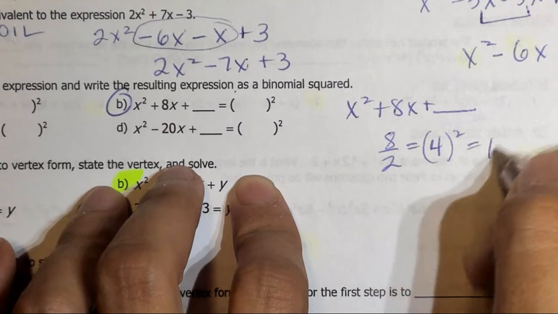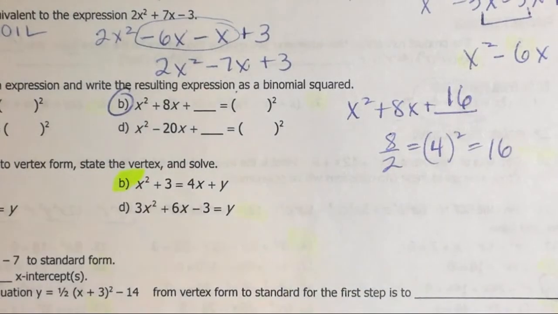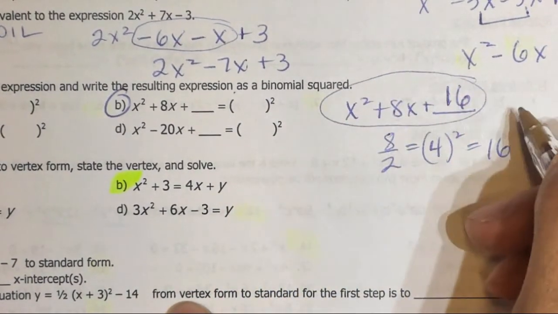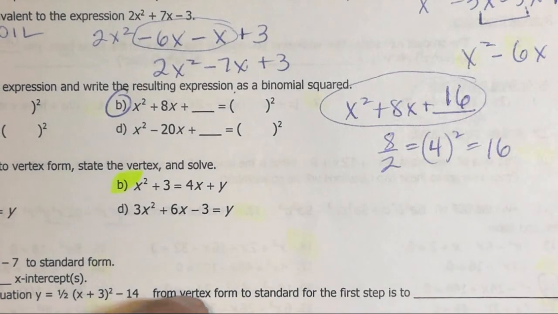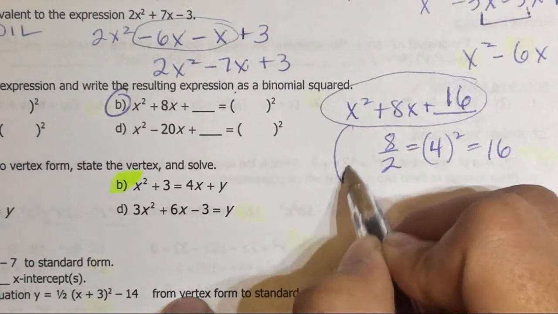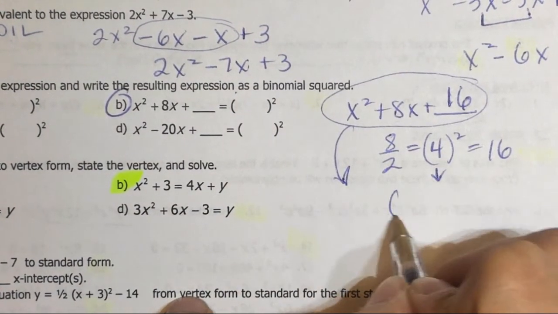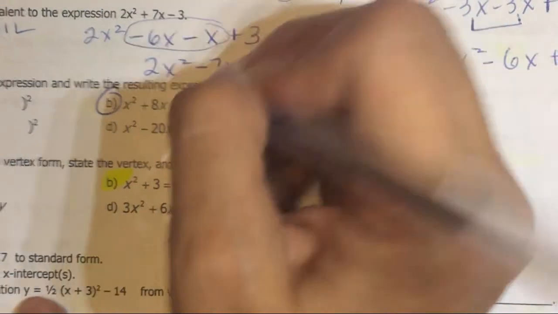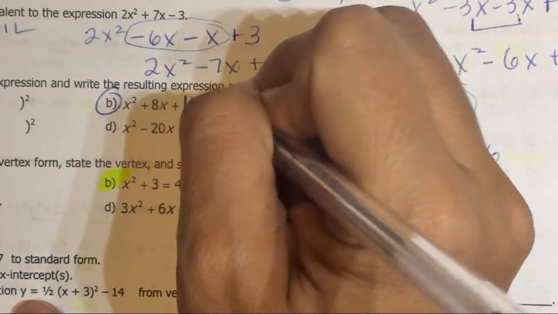So you get 16. So this blank is a 16. And then all they're asking, guys, is how do you factor this? Remember, because usually you add it to both sides for the blank, but they're just saying how do you factor it? And that's where you look at the little trick. I would write this as x plus 4 squared. So this is going to be a 16, x plus 4 squared.